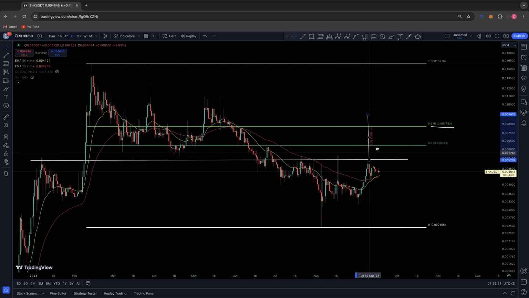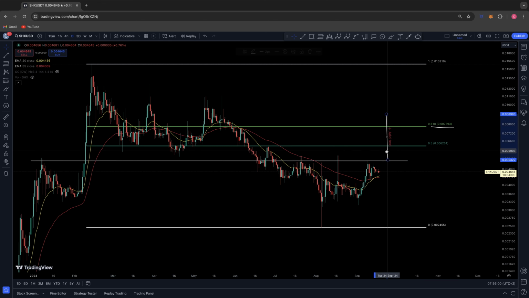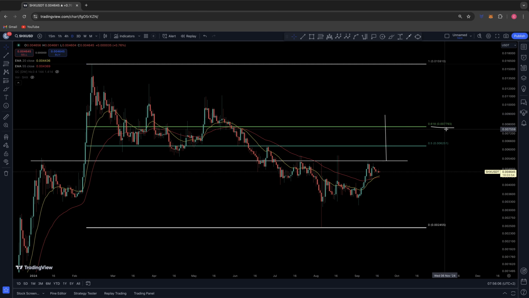And if we drag this up and eventually break out of our resistance point, which is actually not bang on, then as I said, you can see it takes us up to that 0.008 range, and the 0.618 is at 0.007.